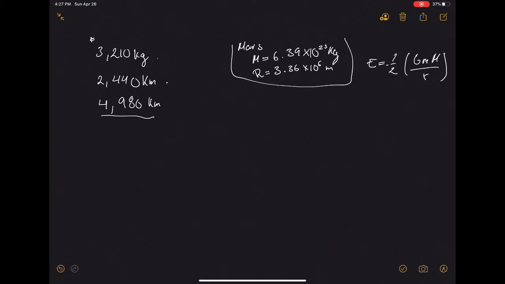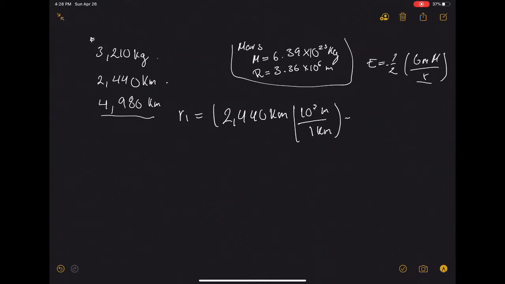So first we're gonna need to find the r's for this problem, and that's gonna be r1 equals 2,440 kilometers, which we need to change to meters, so times 10 to the 3 meters over 1 kilometer.